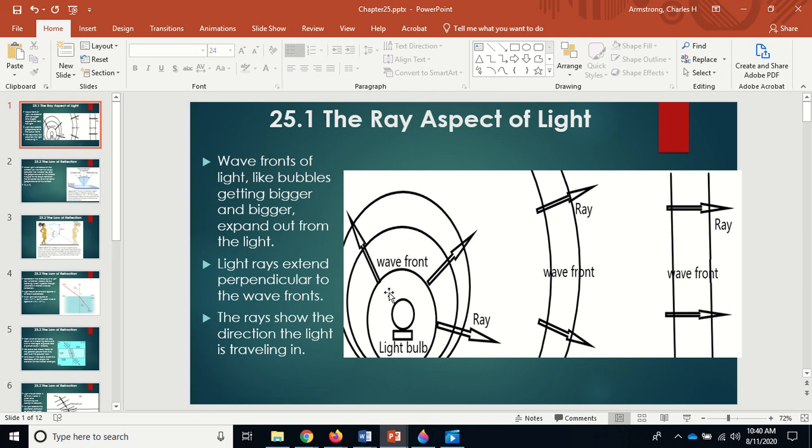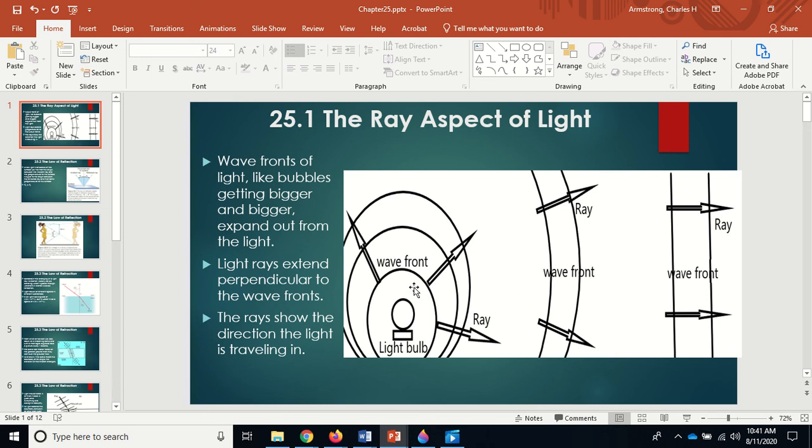Here's a light bulb. You can imagine spherical bubbles of light coming off of it, moving out away from the light bulb. Far enough away, and we're only talking about a few meters, they start to look parallel, practically parallel to each other.